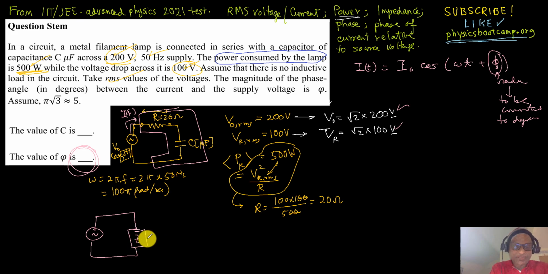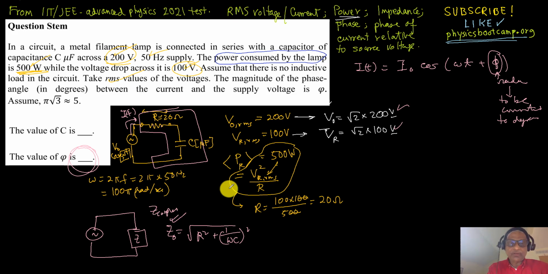The impedance of this circuit will have amplitude square root of R squared plus 1 over omega C squared. The complex impedance will also have some kind of phase, but I'm just looking at the amplitude part of this.